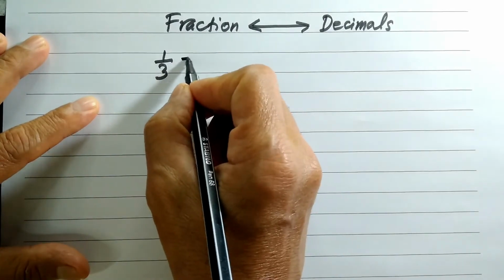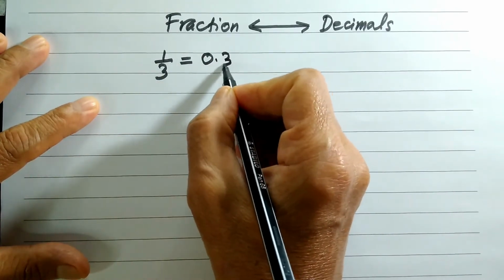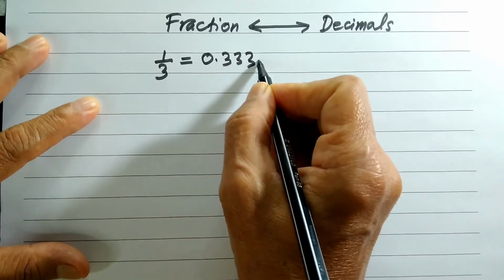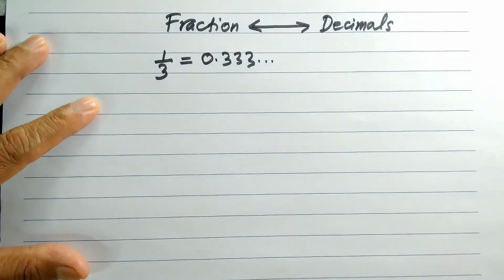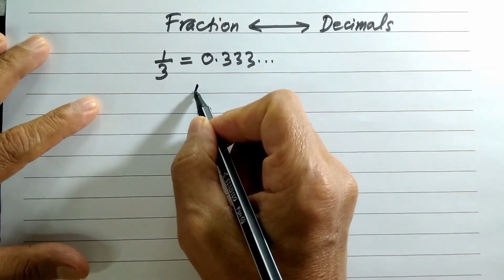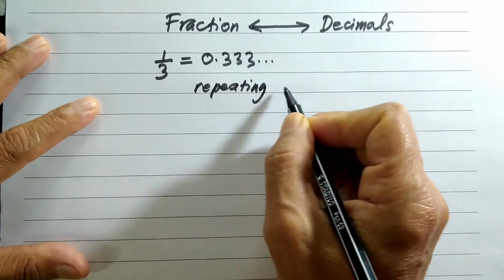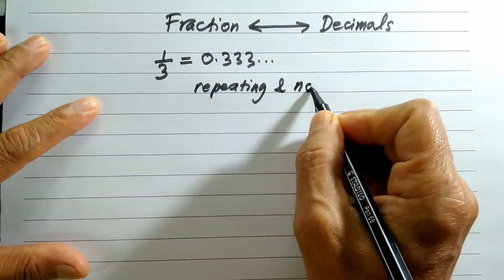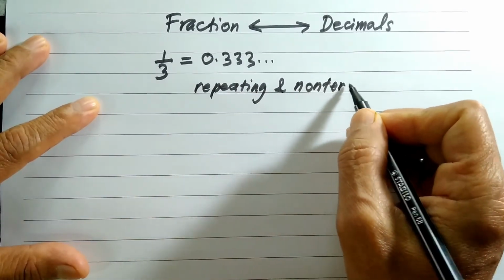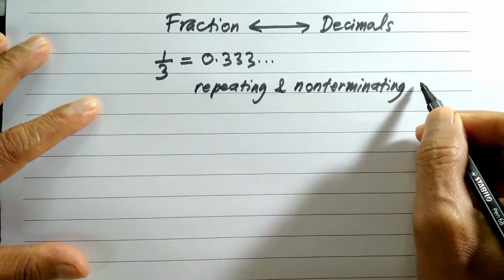But if it is written in decimal form, this is equal to 0.333, like this, without ending, or we say non-terminating. It is a repeating and non-terminating decimal.